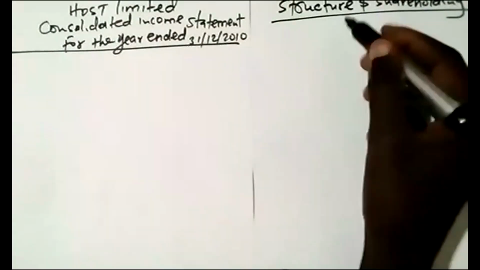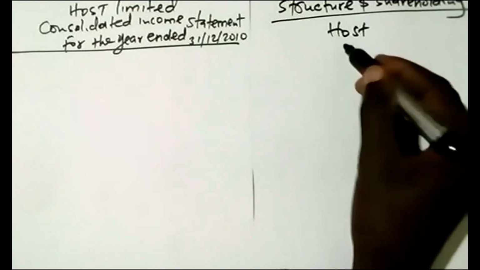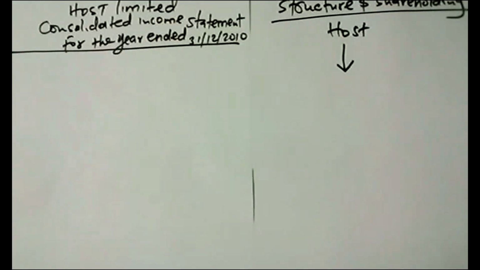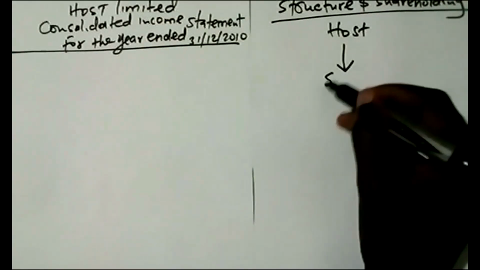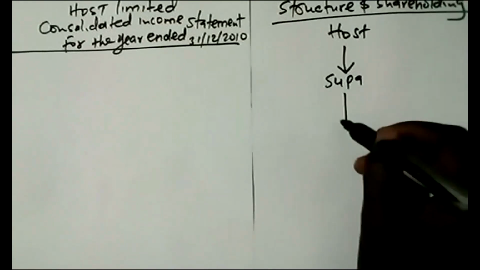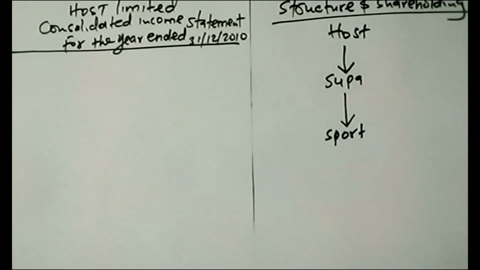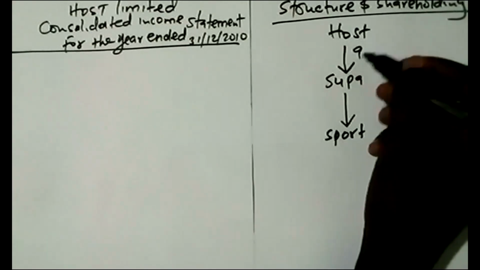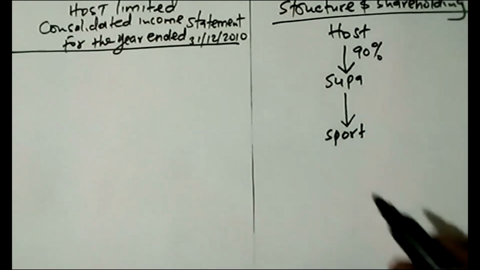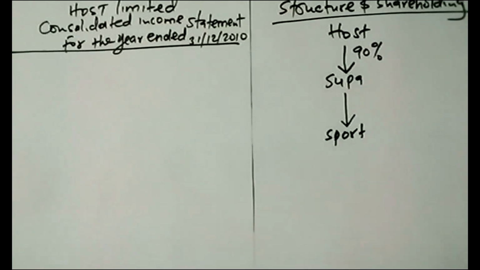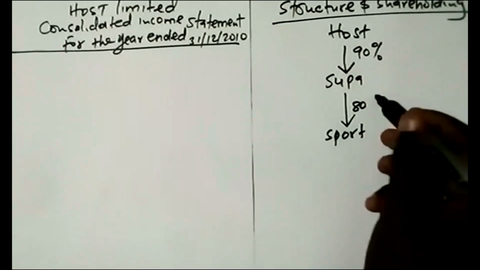So the structure means that host acquired super, and super acquired sport. Host acquired super up to 90%, and here we have 80%.